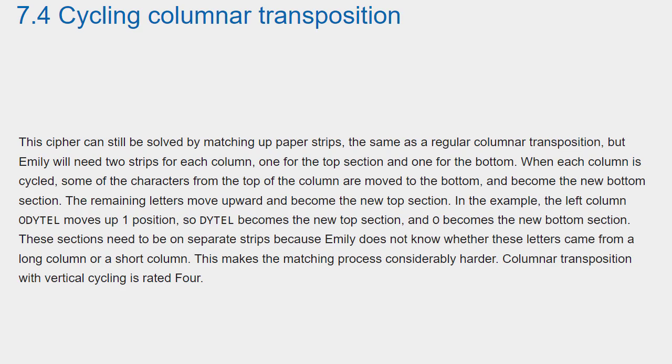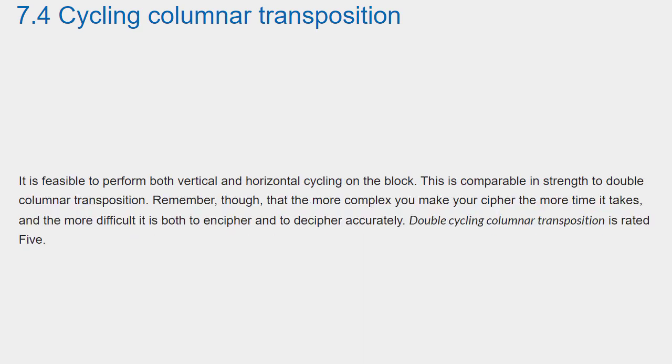These sections still need to be on separate strips because Emily does not know whether these letters came from a long column or a short column. This makes the matching process considerably harder. Columnar transposition with vertical cycling is rated 4.